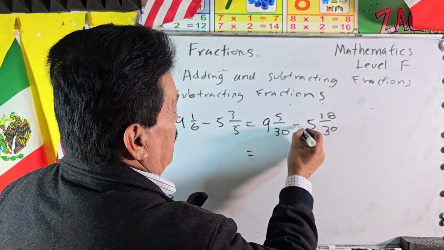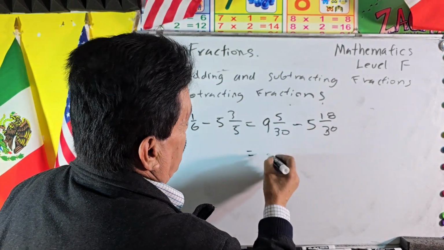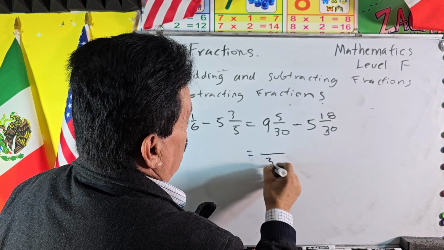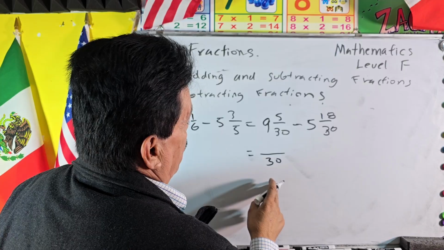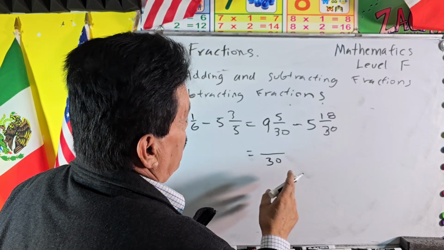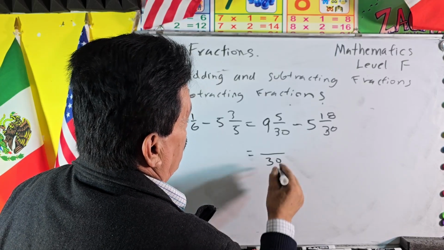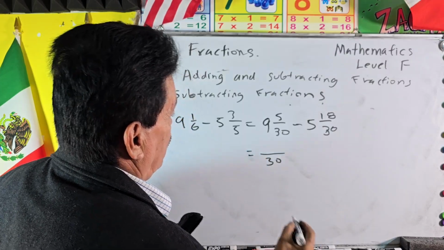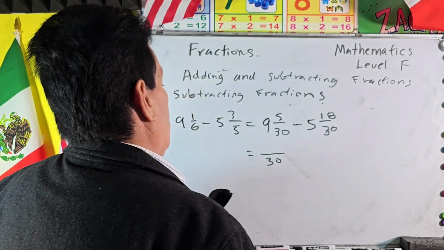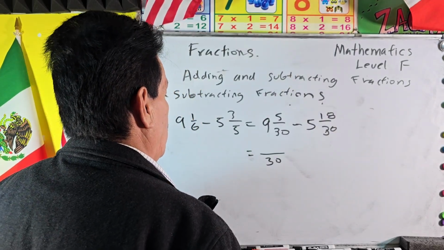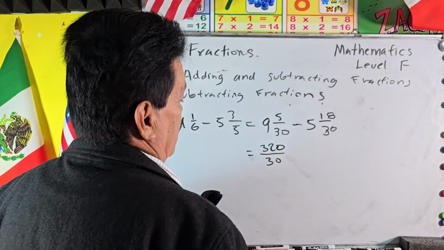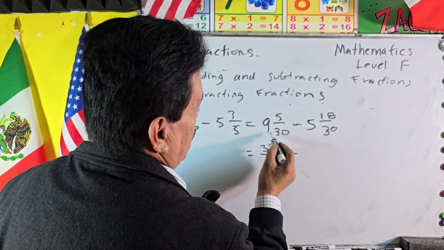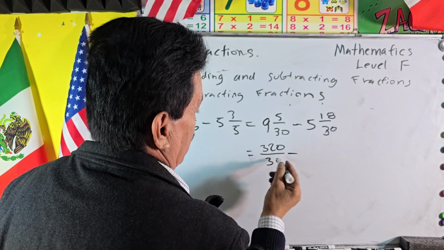It's a big number, but let me repeat: 9 times 30 plus 5 is 275.